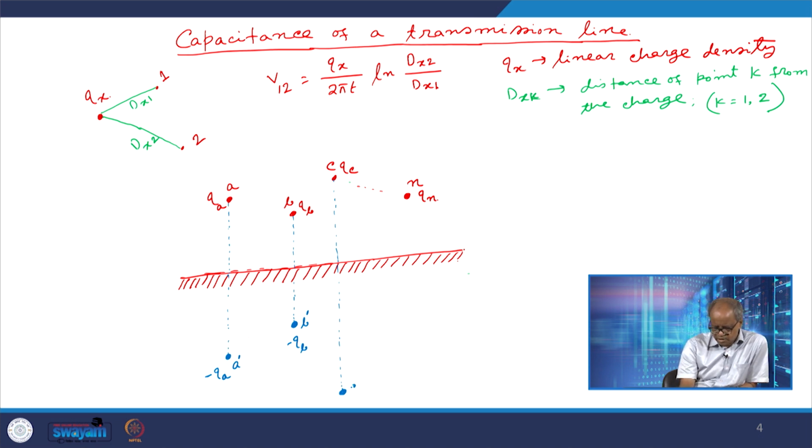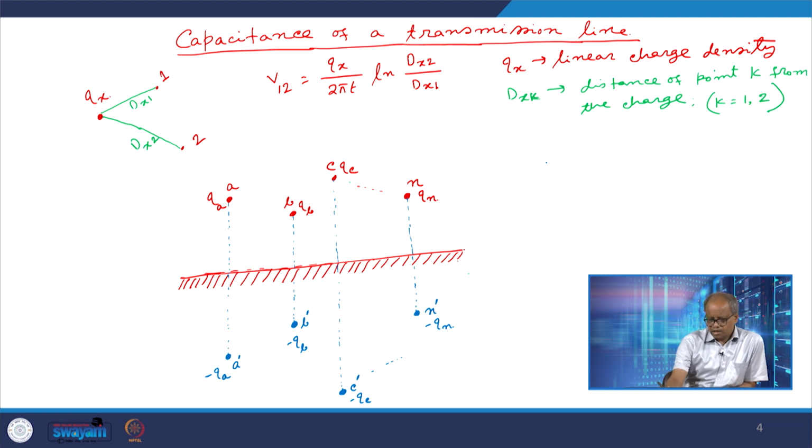So it is C dash and it is minus QC, and then of course dot dot dot, and then for this it is N dash, it is minus QN.